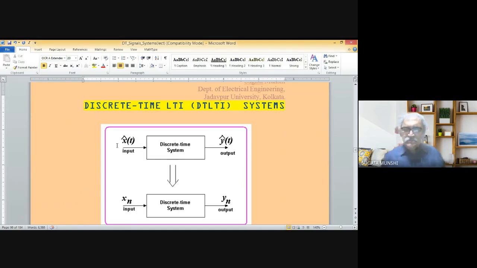In that sense, an analog to digital converter is not a discrete time system because the input is an analog signal and the output is a discrete time signal. A digital to analog converter also is not a discrete time system because the input is a discrete time signal and the output is an analog signal. So discrete time systems are simply pieces of algorithms, numerical methods, using which you can operate upon a discrete time signal or sequence to generate some other sequence.